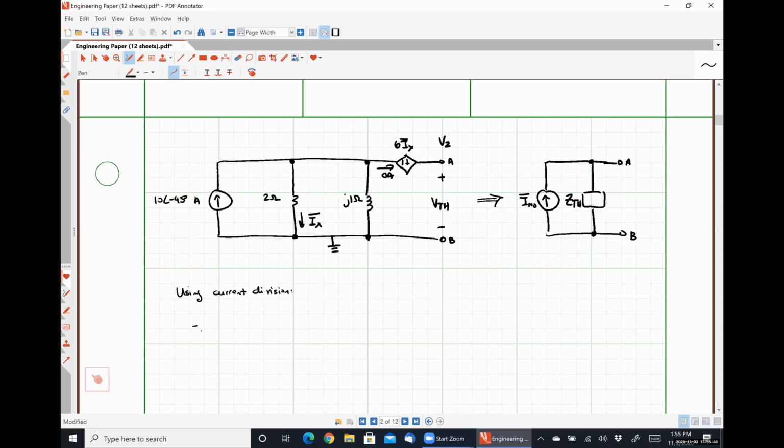So using current division, I can say that Ix phasor is 10 angle minus 45 degrees amps multiplied by 1 over 2 ohms divided by 1 over 2 ohms plus 1 over j1 ohms. That's going to tell me the current flowing down through that 2 ohm resistor. So let's take a moment to do that.